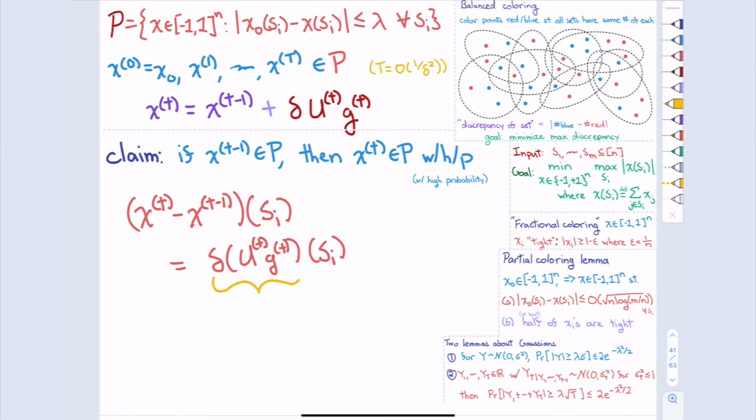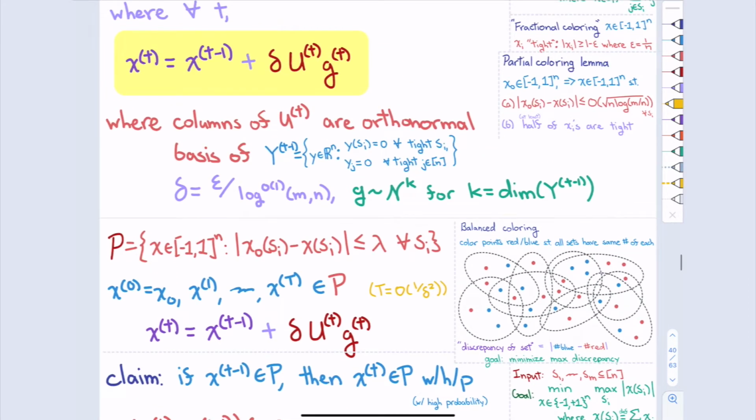This thing is going to be a Gaussian random variable with variance at most 1. And let's just make delta very small, okay?